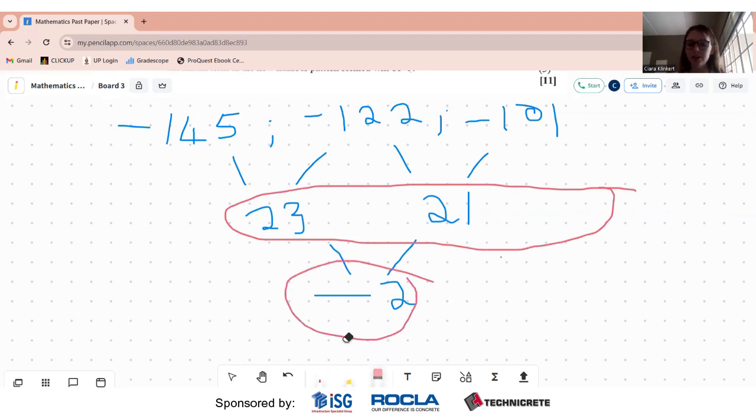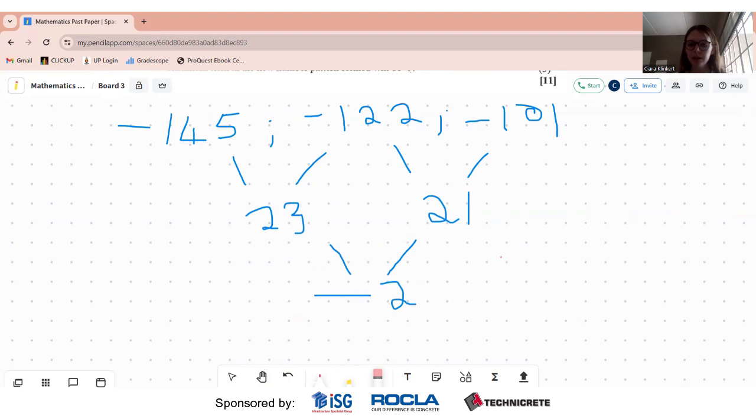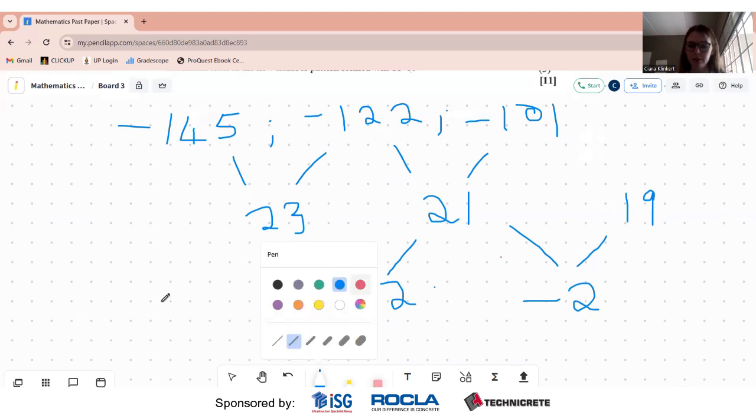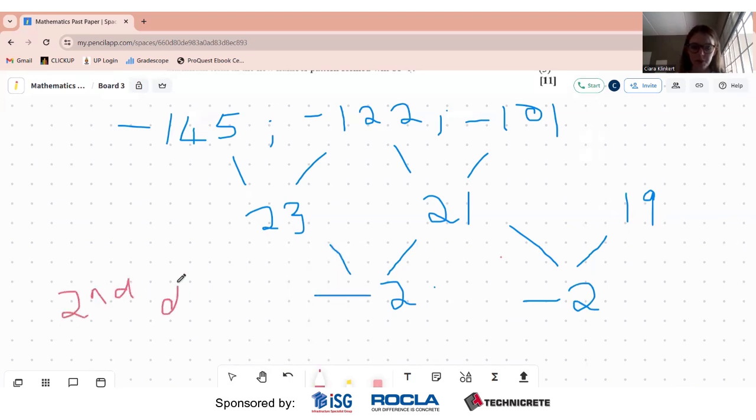So to find T4, I must find the value of the next first difference, which I can calculate by adding negative 2 to 21. So that's going to give me a value of 19. So this second difference here must always be constant. Okay. So I'm going to label this here, second difference, and it's constant.